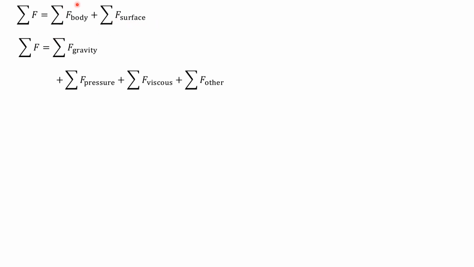If we divide it into components, the force on the body is the gravitational force, plus the surface force, which consists of these three: the force because of pressure, the force because of the viscous condition, and also the other forces. So the total force must consist of all these four elements.